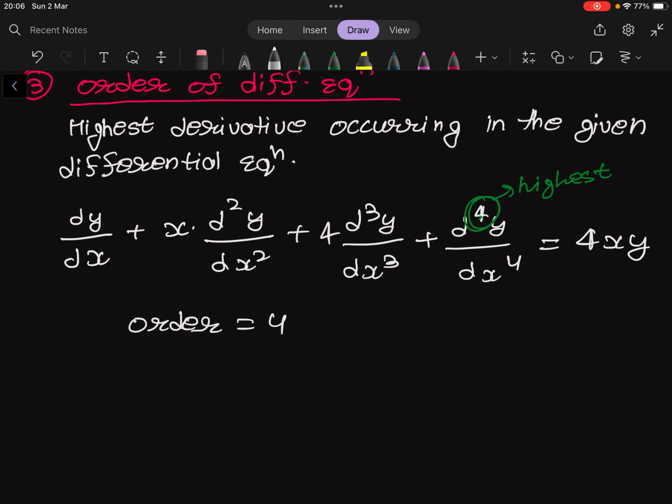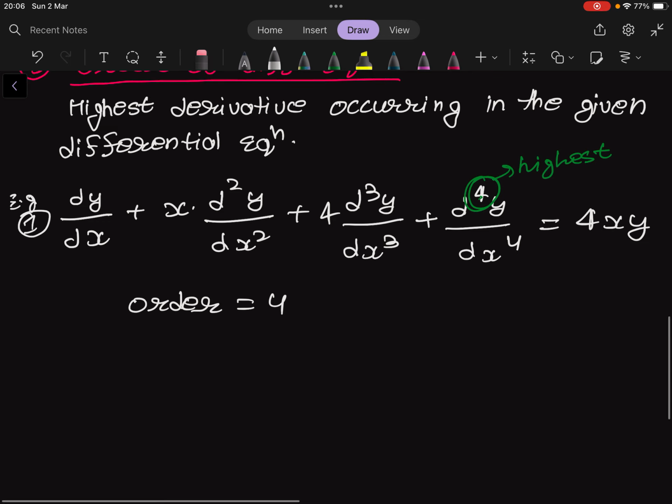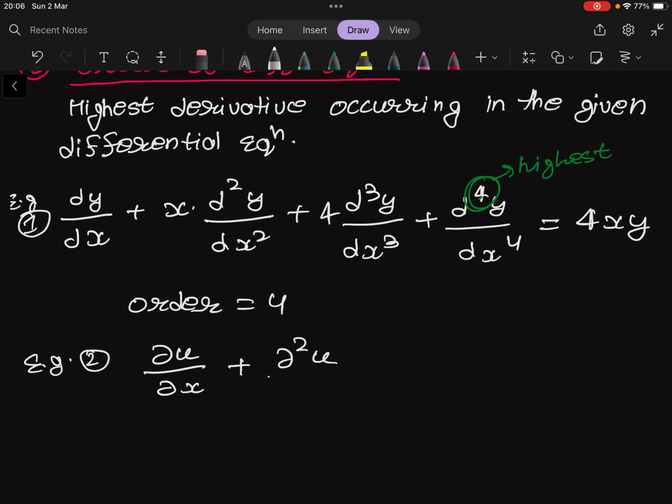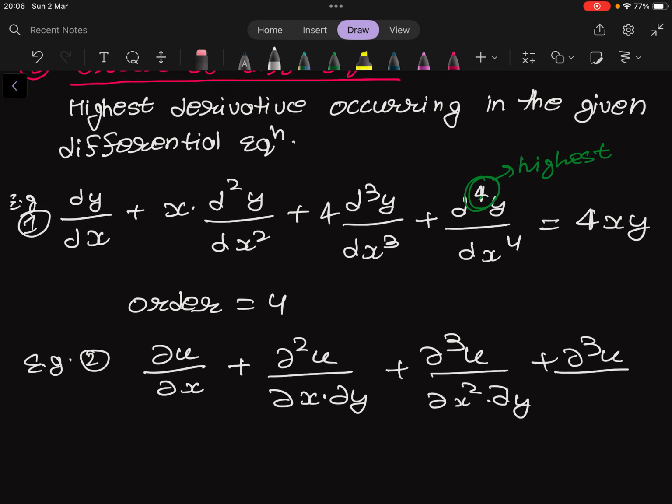Now let's see another example. Example 2 we can take as dou u by dou x plus dou square u by dou x dot dou y plus dou cube u by dou x square dot dou y plus dou cube u by dou y cube equal to 0.